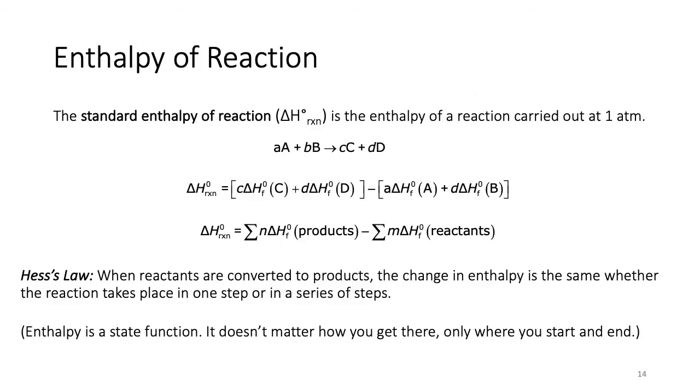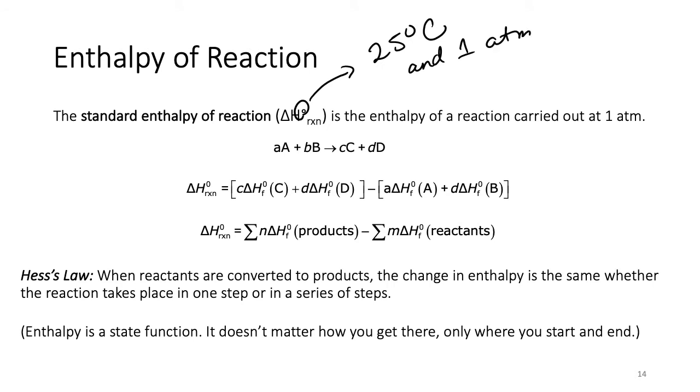My standard enthalpy of reaction, and you will see so many variations of this equation. It's going to be the enthalpy of a reaction that is carried out at 1 atmosphere of pressure and 25 degrees Celsius. The little knot here refers to 25 degrees Celsius and 1 atmosphere.